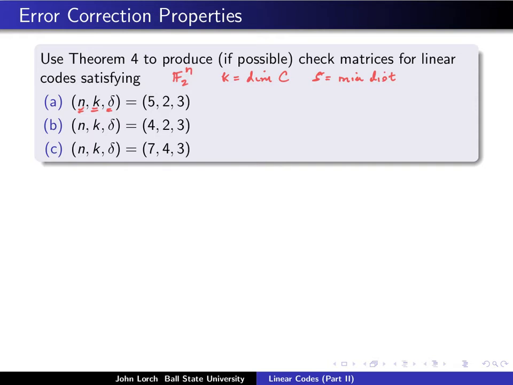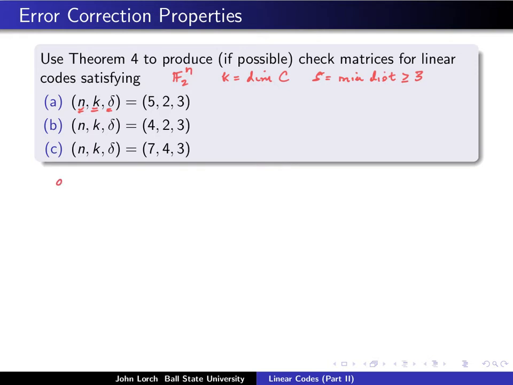But really what we mean here is that delta is bigger than or equal to 3. So contrary to what's written on the slide, delta doesn't have to be exactly 3. All it needs to be is something that's bigger than or equal to 3. Okay, so that's what we're going to try and do. Produce a k-dimensional code within F2^n where delta is bigger than or equal to 3.